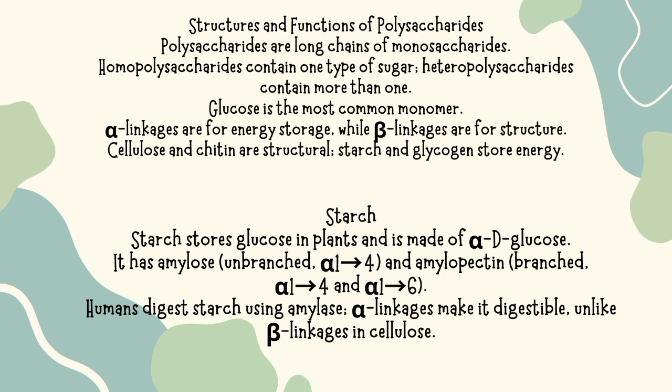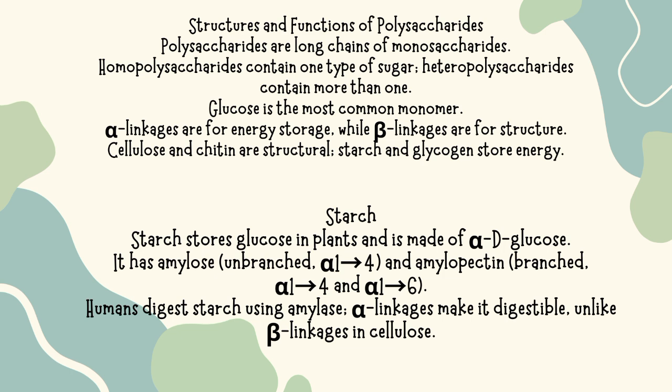Starch stores glucose in plants and is made of D-glucose units. It has two parts, amylose and amylopectin. Amylose is unbranched with alpha 1 to 4 bonds. Amylopectin is branched with alpha 1 to 4 and alpha 1 to 6 bonds.